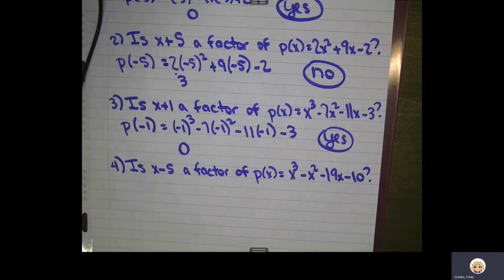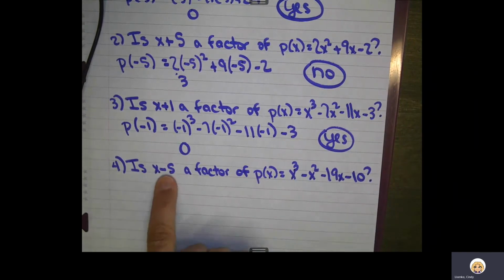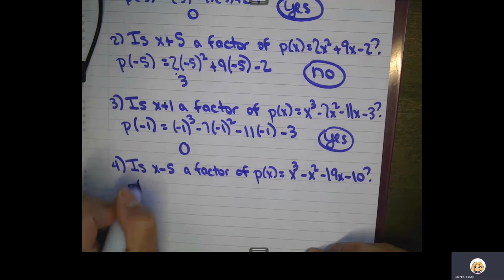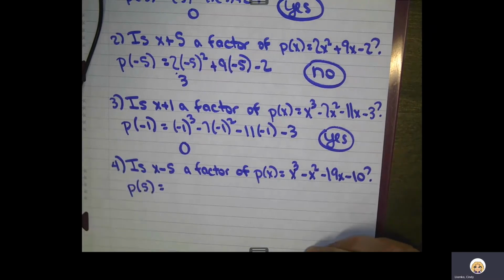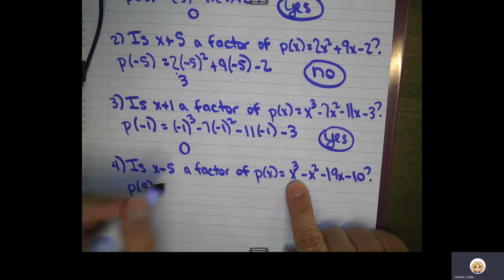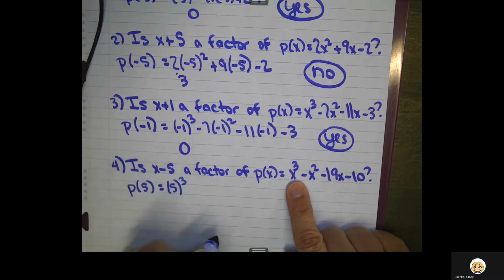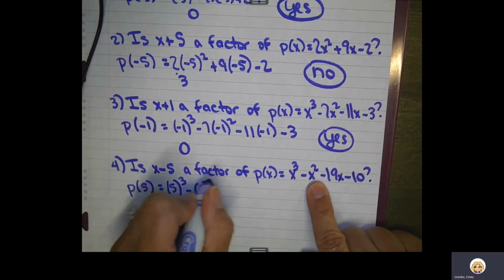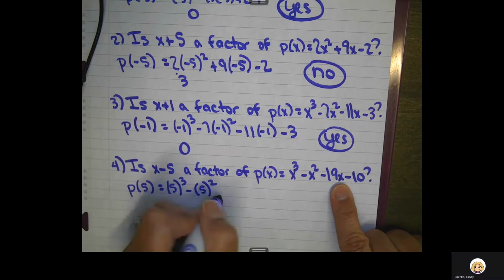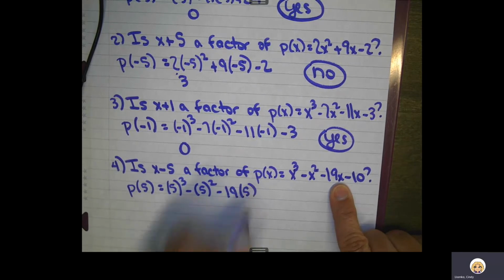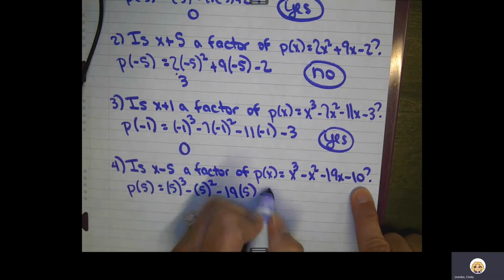We're going to plug in p of 5, opposite of -5. So every x becomes a 5. So this becomes 5 cubed minus 5 squared minus 19 times 5 minus 10.